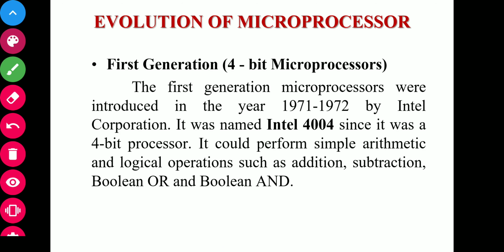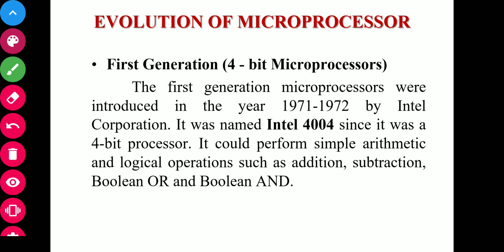And let us see the evolution of microprocessors. There are 5 generations of microprocessors. From the first generation to the fifth generation, we came across many inventions and developments. So let us look at the first generation. The first generation microprocessors were introduced in the years 1971 to 1972 by the Intel Corporation.